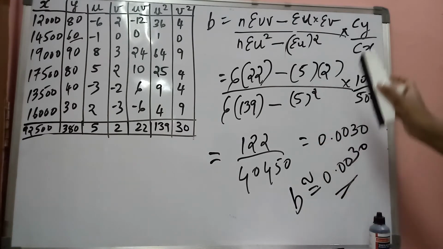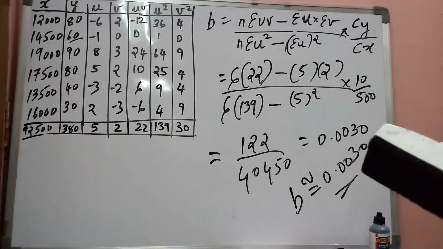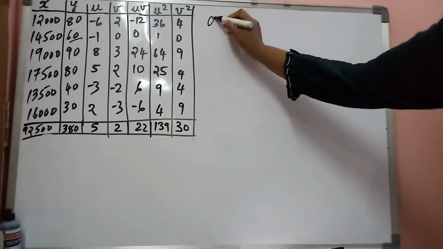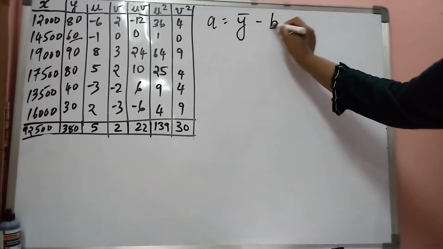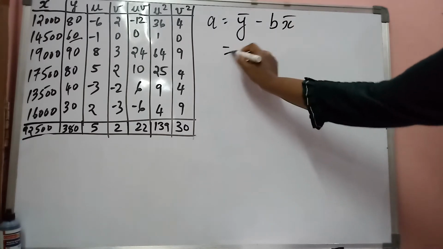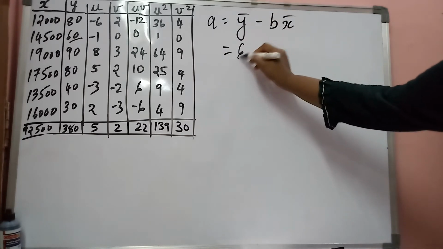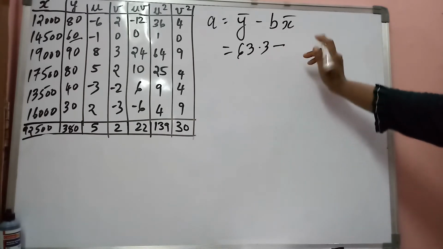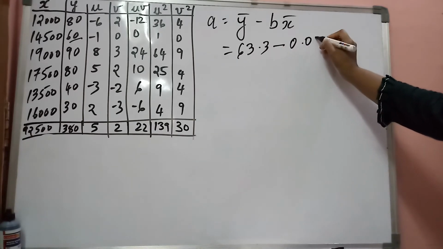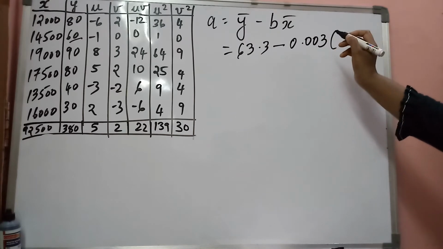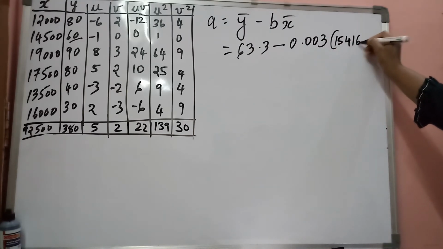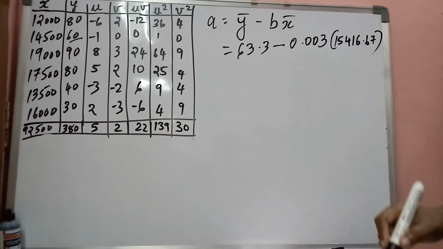So let us calculate the A. My A is y bar minus b x bar. Earlier I calculated my y bar as 63.3. Then minus what was my b? It was 0.003 into x bar, which was 15416.67. Clear?